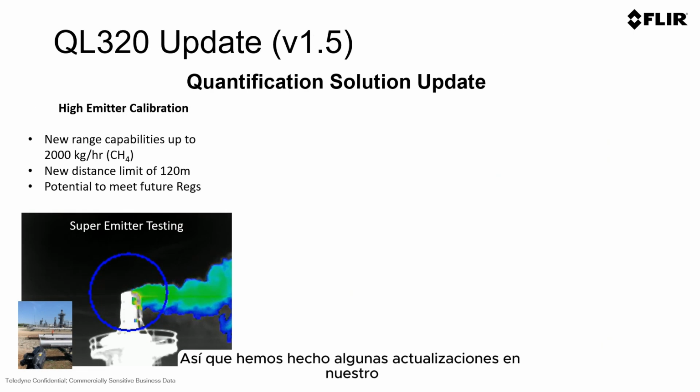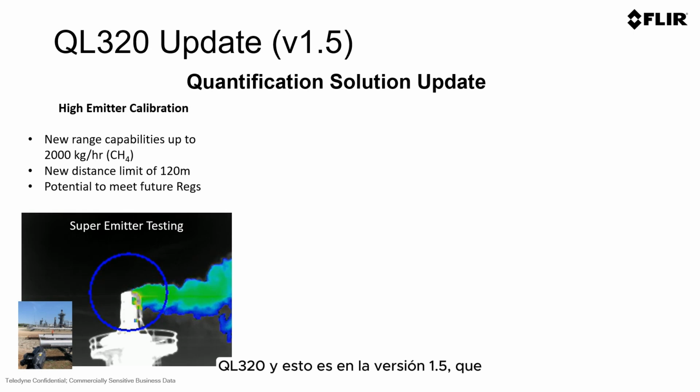So we do have some updates within our QL320, and this is in version 1.5 that was released in the summer of 2024. The first of that is a high emitter calibration. Historically, the QOGI solution from FLIR had a maximum calibrated range of around 12 kilograms an hour.